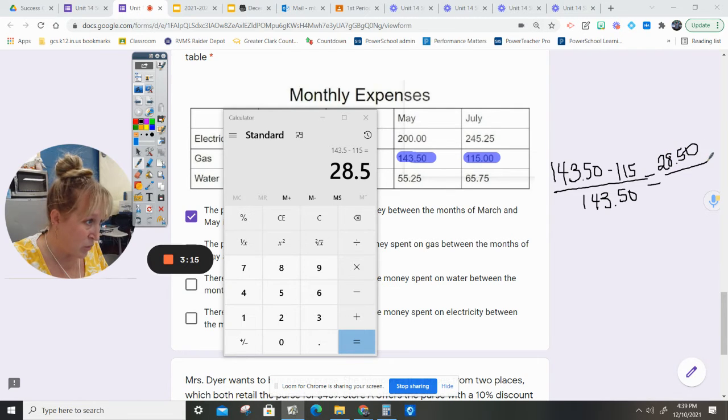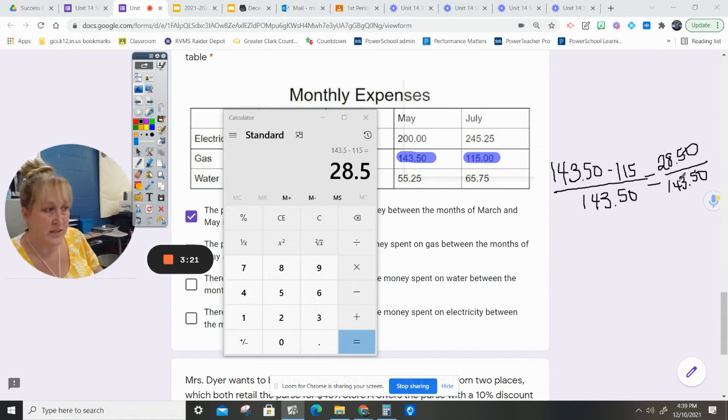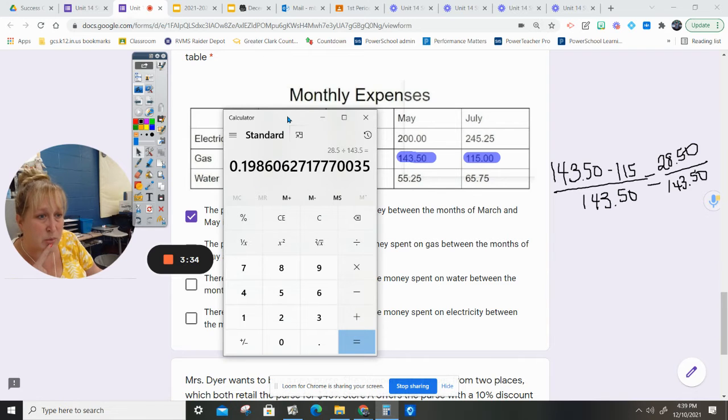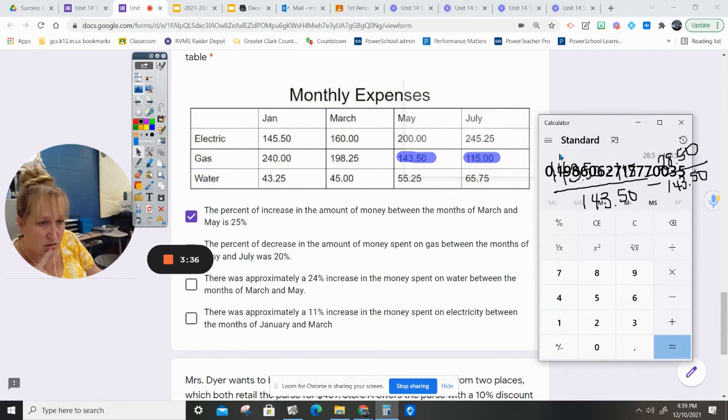I'm bringing over the 143.50. So I need to now divide 28.50 by 143.50, which equals 19.8. The percent of decrease in the amount of money spent on gas was 20%.